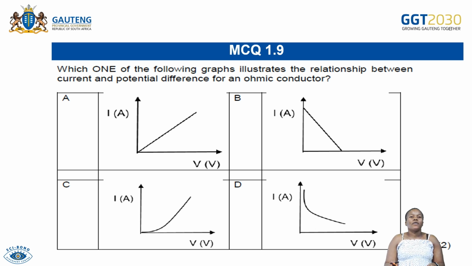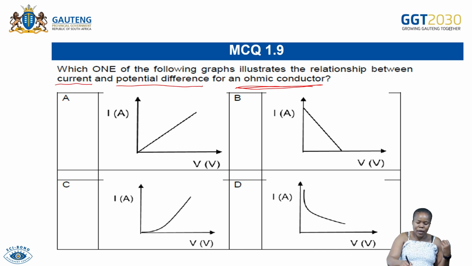1.9. Which one of the following graphs illustrates the relationship between the current and potential difference for an ohmic conductor? For an ohmic conductor, that is the key, because this is a conductor that obeys Ohm's law. How would the relationship between the current and the potential difference look?